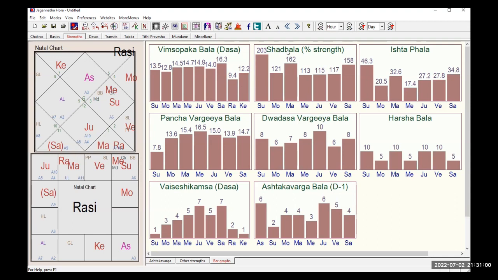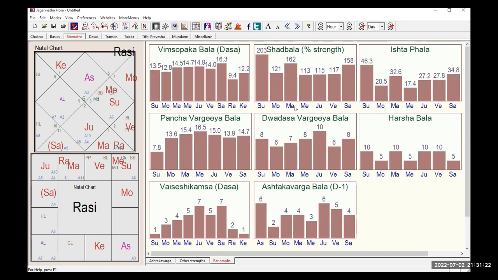Like Shadbal, you will see percentage. Shadbal is given in percentage format. Sun is having 203% maximum strength. Moon 121%. Mars 162%. So 100% strength we need to perform correctly.